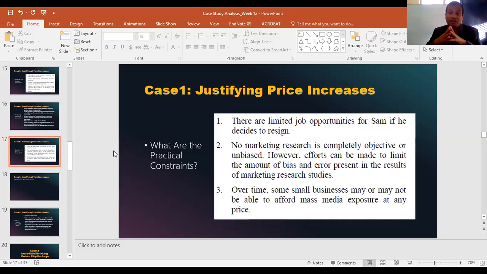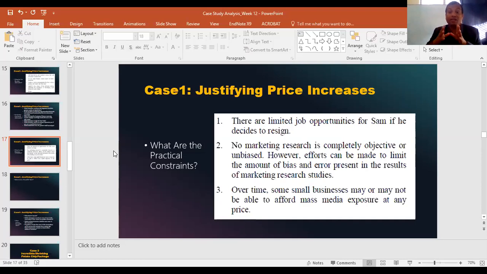He recently joined after being promoted and after being a reputed person holding ethics and all. The moment he resigns, what kind of impression will come out? And what about the competitive job market? Very limited jobs at this position, or maybe very few profiles as a marketing researcher in other firms. So that is the limitation he has. Considering all these things, Sam has to take a decision.